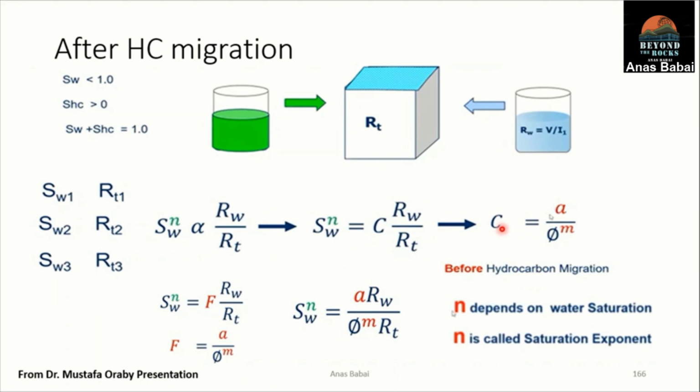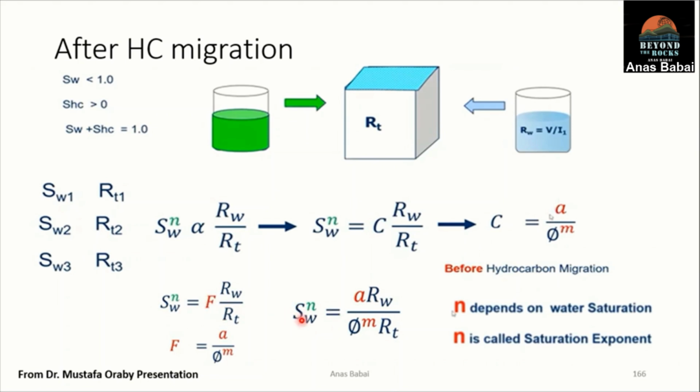To his surprise, he found that this constant is equal to a divided by phi to the power m, which is similar to F, which we found in the previous experiment, before hydrocarbon migration. So C and F are the same, so he put F in the equation.